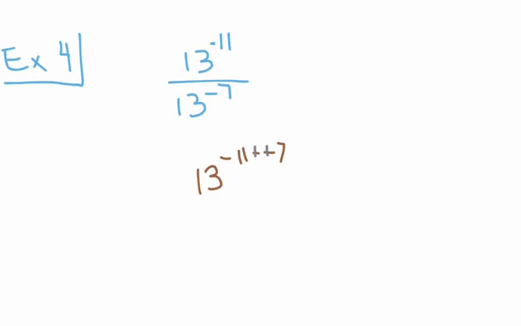So 13 to the negative 11 plus 7, this is why we've been practicing these problems during bell work, gives us 13 to the negative fourth power. And again, if your teacher is okay with you giving an answer like this, I am as well. Or you can make a positive exponent by rewriting that as 1 over 13 to the fourth power. All right, so that's our fourth example.